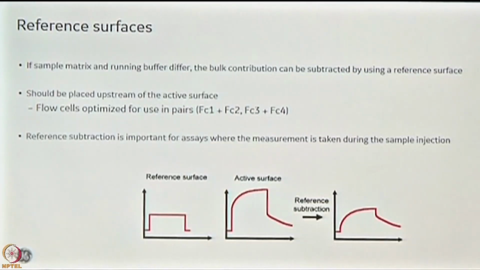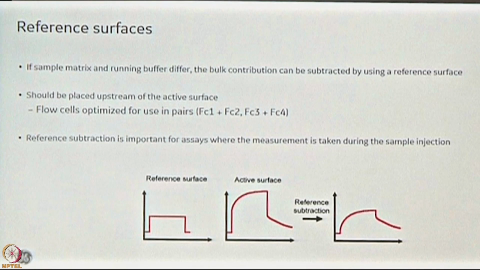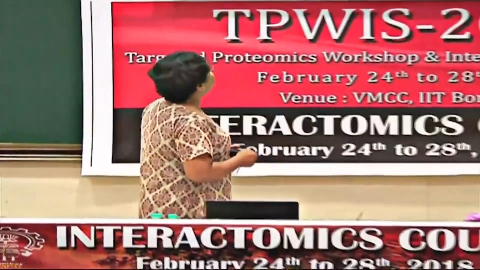And then you use a reference surface. This is to remove non-specificity of your analyte with the surface, right. When you are passing your analyte over the ligand, somebody asked me, I think from within you, how do you make sure that it is binding to the ligand and not to the surface. So, you have another blank surface just before your active surface, and there you see if there is any non-specific binding happening with your dextran, and you subtract that, which we call a reference surface.